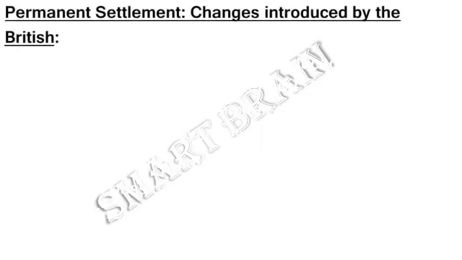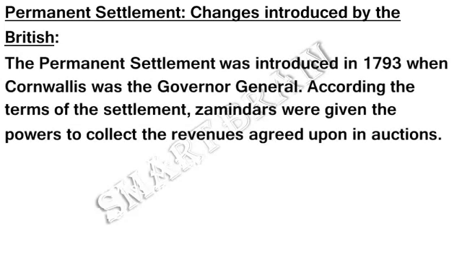Permanent settlement, changes introduced by the British. The permanent settlement was introduced in 1793 when Cornwallis was the Governor General. According to the terms of the settlement, zamindars were given the powers to collect the revenues agreed upon in auctions.